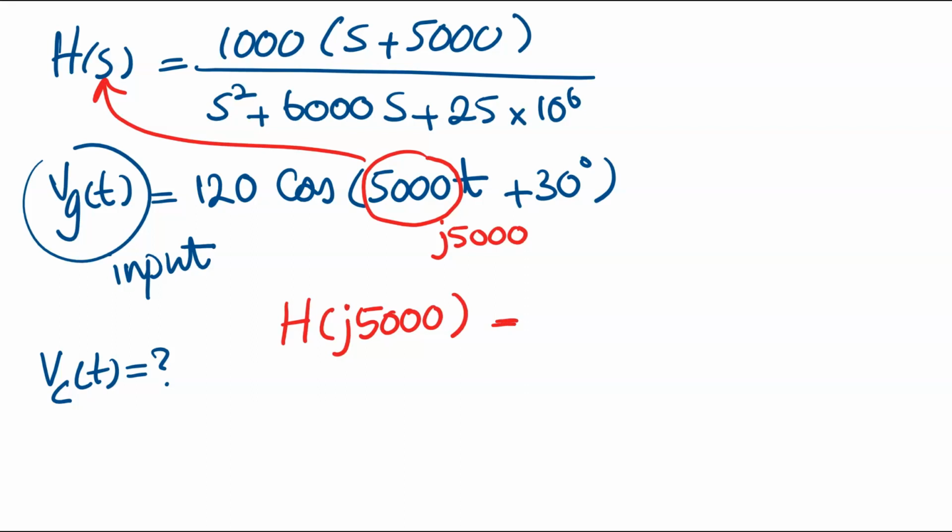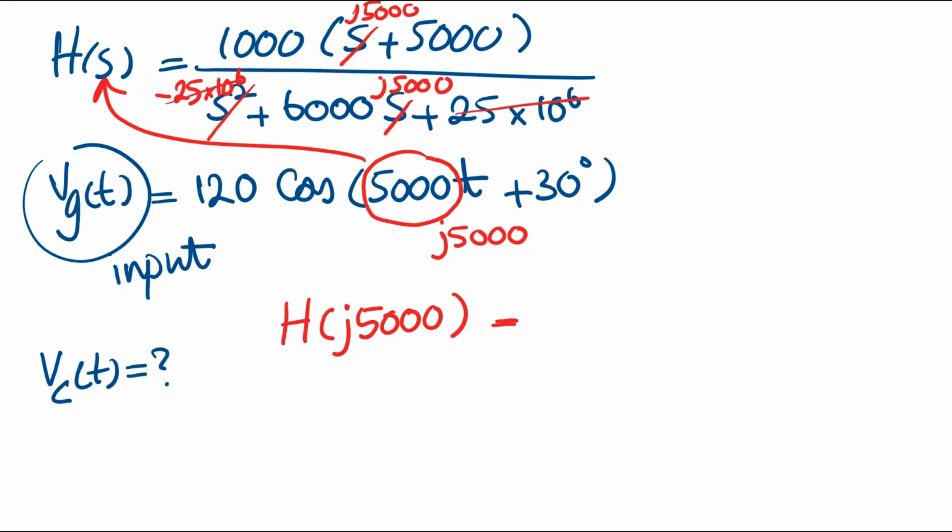Instead of s, I'm going to use j5000, and the same thing here. Minus j squared is going to be minus 25 because 5 multiplied by 5, and then 10 to the 6, and here I'm going to have j5000. Obviously this minus 25 multiplied by 10 to the 6 will cancel out this term.